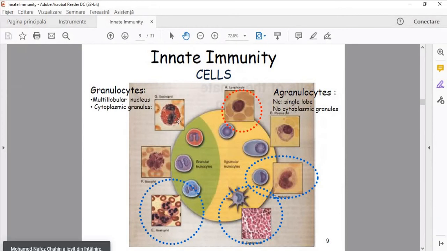Basic proteins from granulocytes can be stained with acidophilic, eosinophilic dyes, so we will talk about eosinophils. Amines stain with basic dyes, so in that situation we will discuss basophils. And there are some cells which can be stained with neutral color dyes, and we discuss neutrophils.